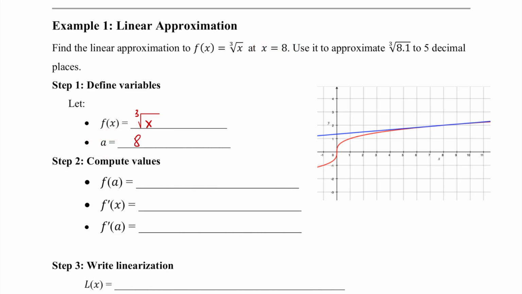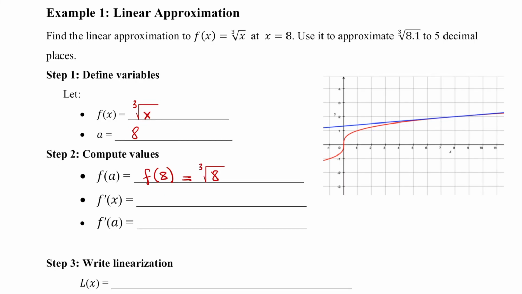Step 2, first we need to compute f of a, which is f of 8. We'll replace x with 8 and cube root of 8 is 2. Next, we need to find f prime of x in order to compute f prime of a.